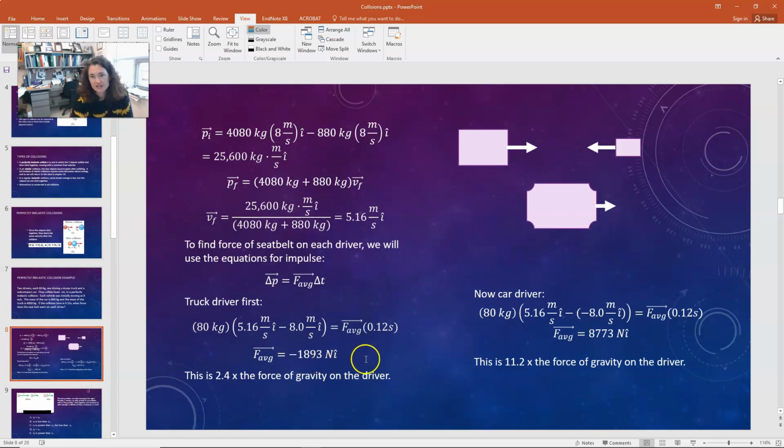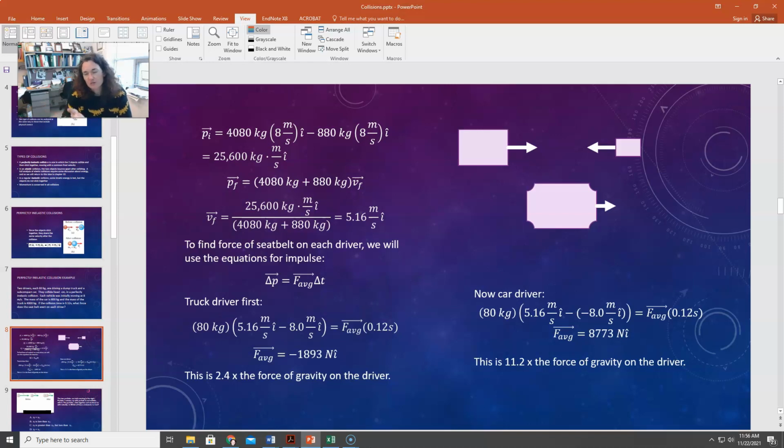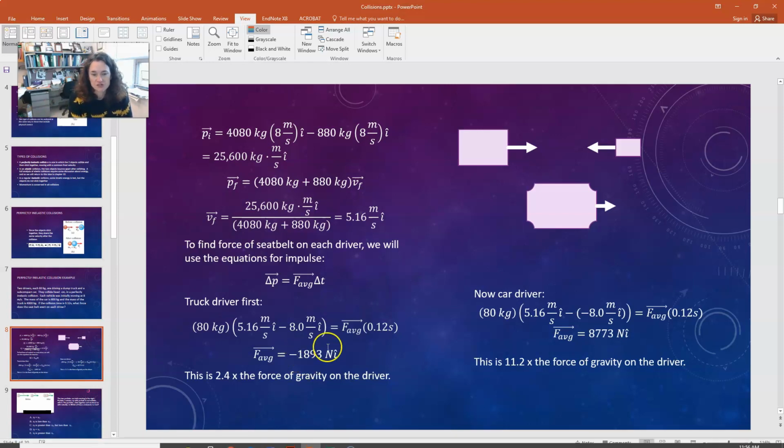So the negative sign just means that the force is experienced to the left, right? So in other words, the seat belt is going to keep him in his truck. The force is pointing to the left. And if you solve for what that is in terms of the number of g's, because oftentimes we don't really have much of a concept for what a force in newtons really means, sometimes it's helpful to put it in the context of how much force gravity exerts on a person.